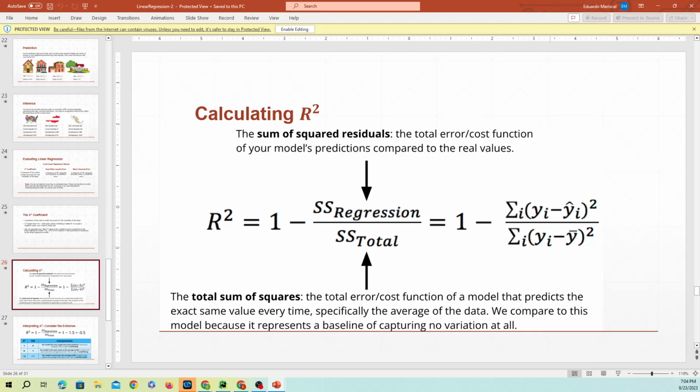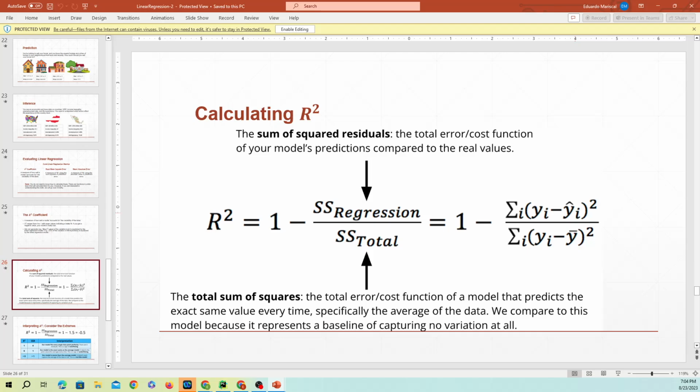Sorry, on the bottom part, what you're doing is adding the difference between each point and the average value of your y. So there's two different things. One is summing the difference of the residuals, and the other is doing the difference from the average. So that's going to calculate the R squared.